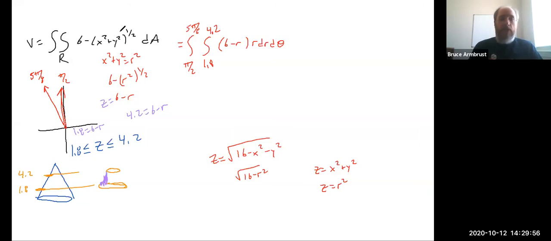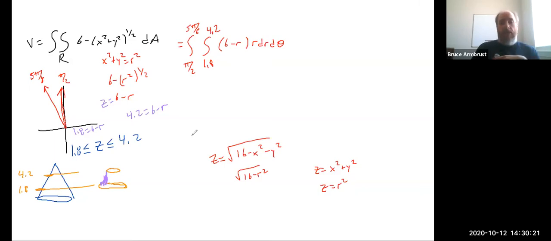Okay, so that would change. The dA is r dr d theta. And then your r's and your thetas are going to change potentially depending upon what they're asking. Right? So if they're saying, well, we only want the part that's, say, above the xy plane, you'd have to look and see, well, what region does this thing form in the xy plane?